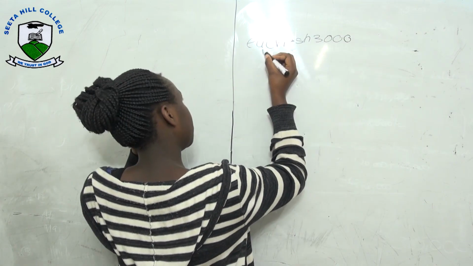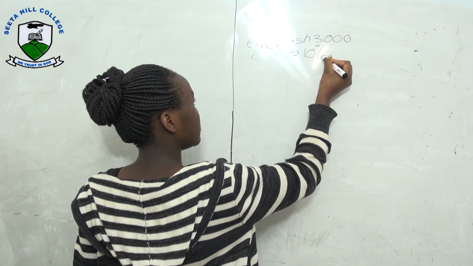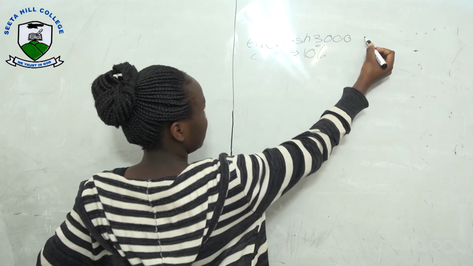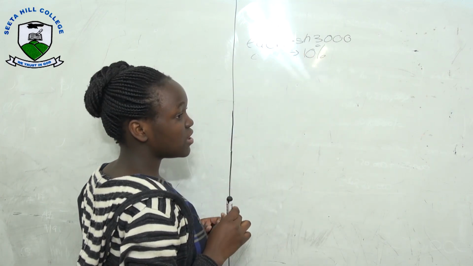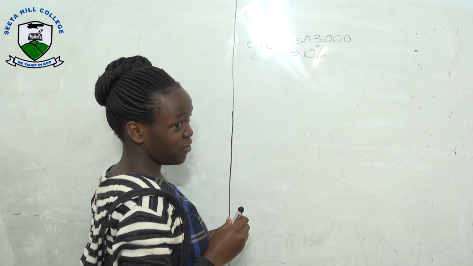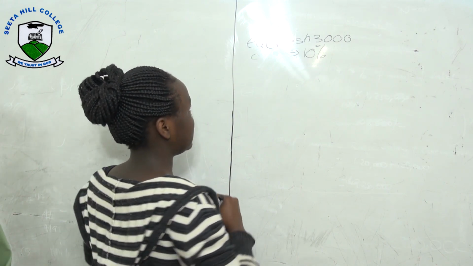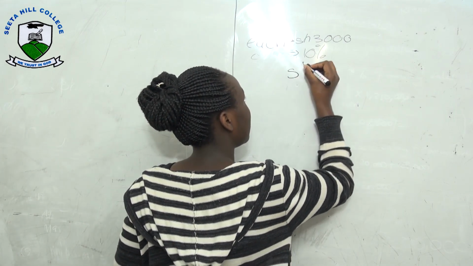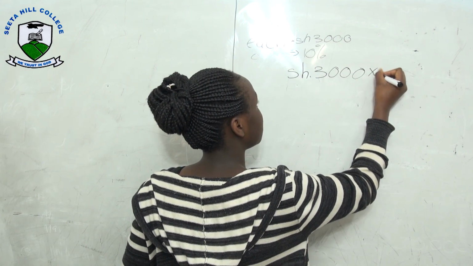Calculate the commission the agent gets if she sells 50 SIM packs each day. So we shall have to first find the amount of money for all the 50 SIM packs, which is 3,000 times 50.